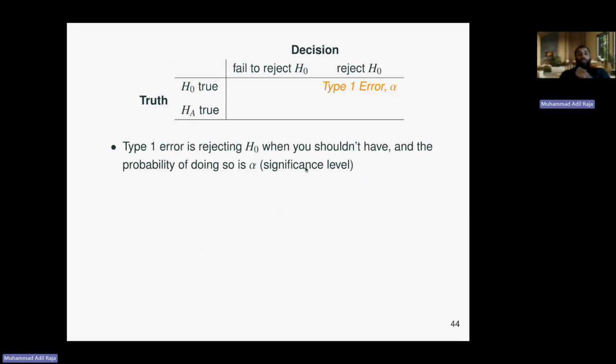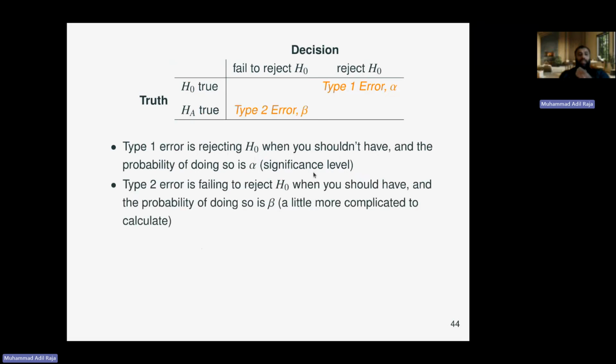But what if it is true? So this p-value tells us the probability of rejecting H0 when H0 is true. If that is greater than the significance level, then we have to reject H0, and if it is less than that, then we cannot reject H0. Okay, so this is a reiteration.